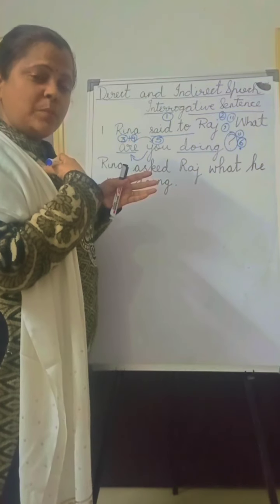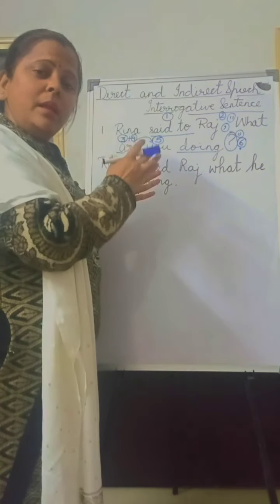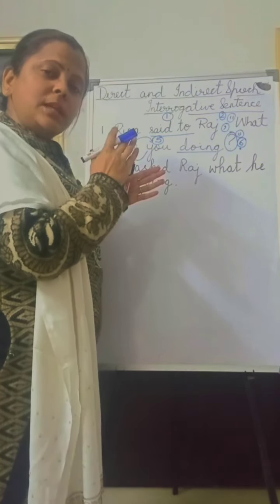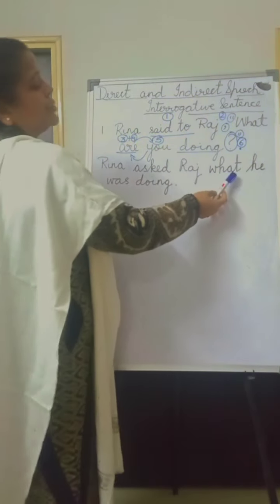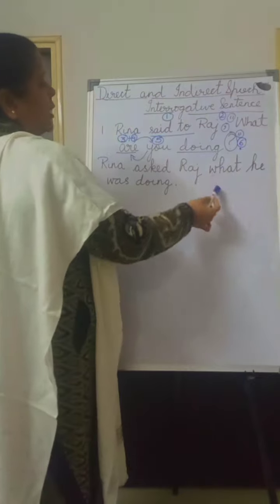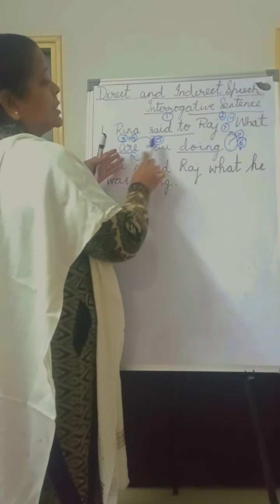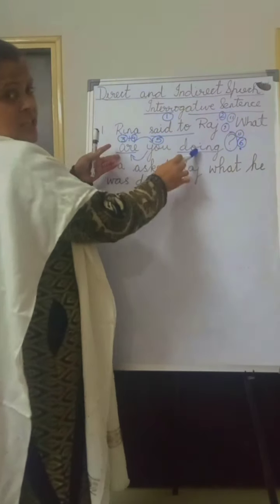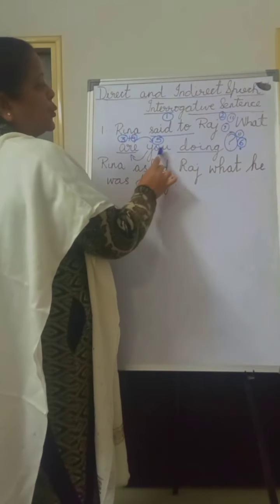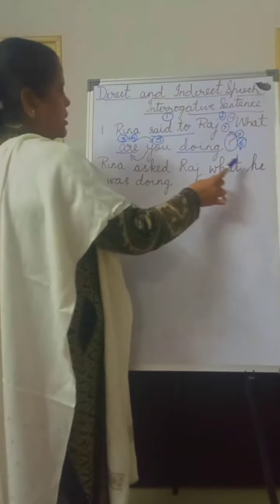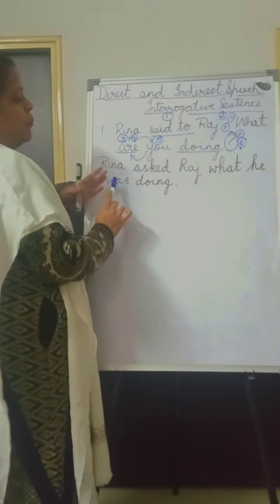He will say, as per the third person, when he will say the conversation of first and second person in his own words, so pronoun will change. So we are going to change the pronoun here, and after that we are going to change the tense. Present continuous tense will change to past continuous tense. So you will become he as per Raj, then are doing will become was doing.